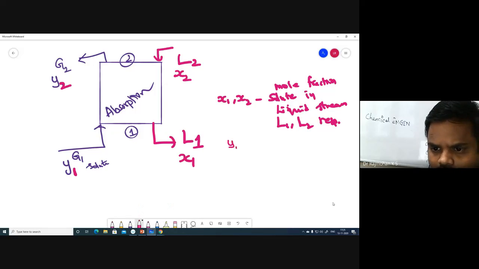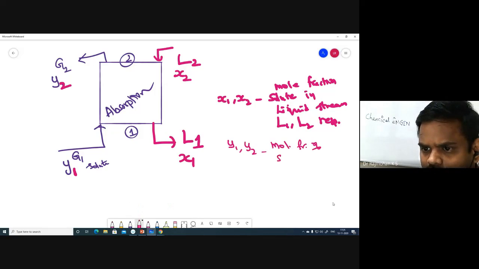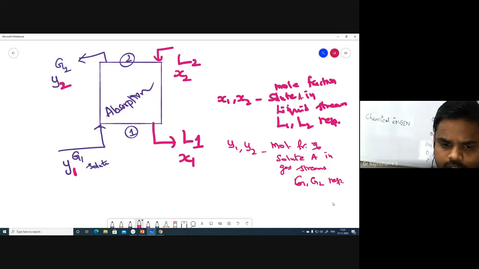Y1 and Y2 are the mole fractions of solute A in gas streams G1, G2 respectively. So the overall material balance is G1 plus L2 is equal to G2 plus L1.